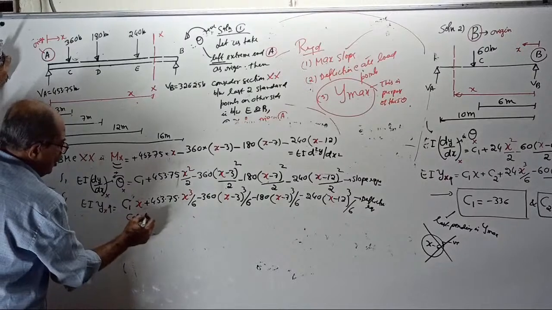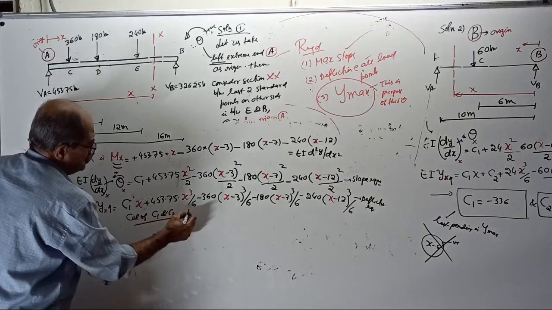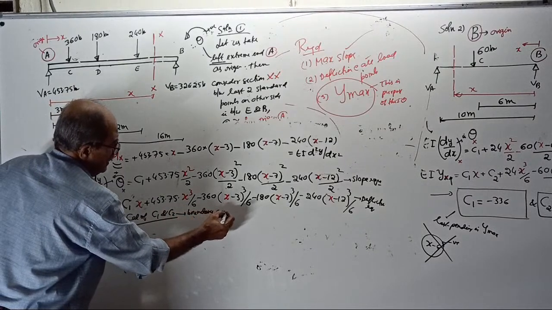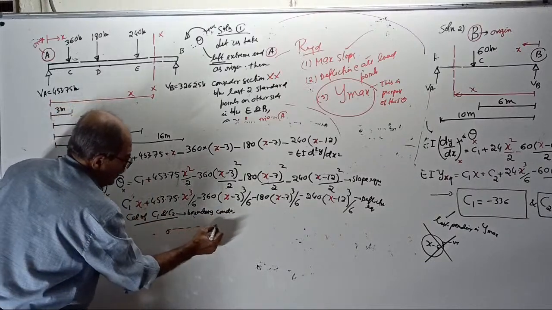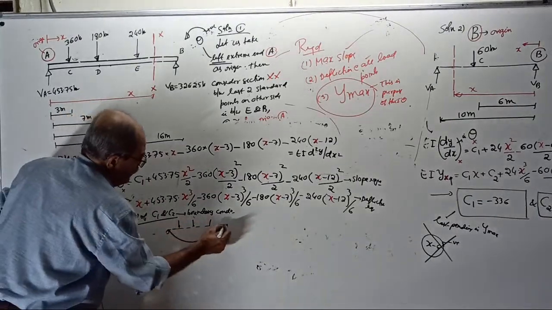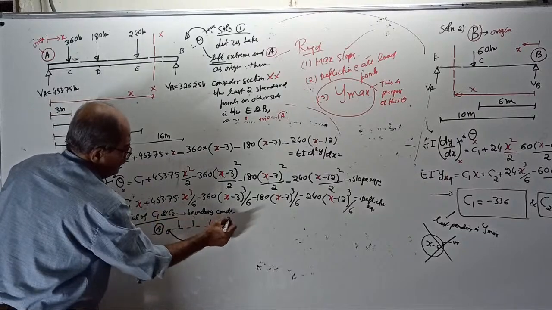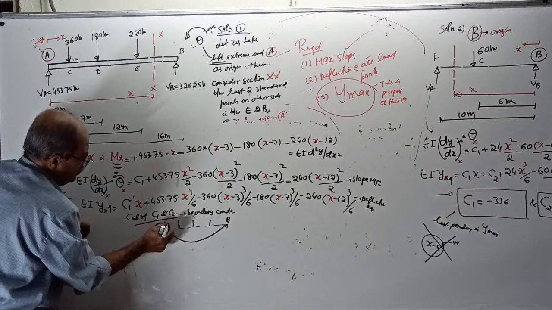Now, calculation of constants of integration C1 and C2 using boundary conditions. Whatever load, whatever you do on the beam, how many loads you apply, we are not bothered. Beam will bend like this. This is A, origin, this is B. A is the origin and X goes this way.